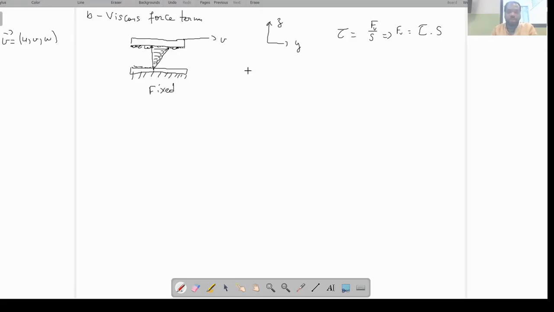So you can write tau, and shear stress is proportional to the velocity gradient.